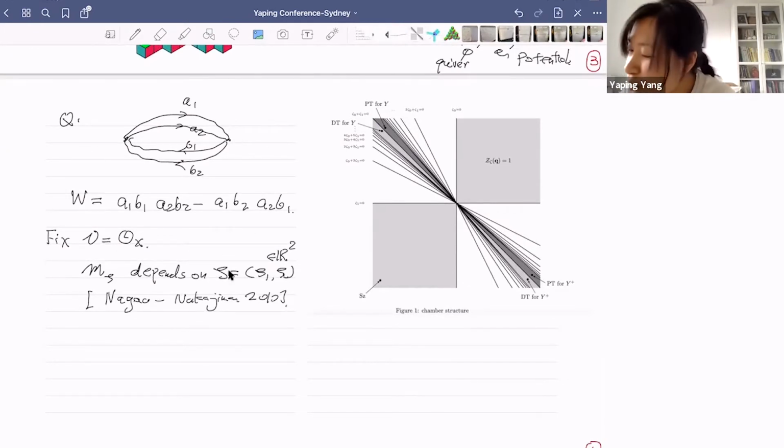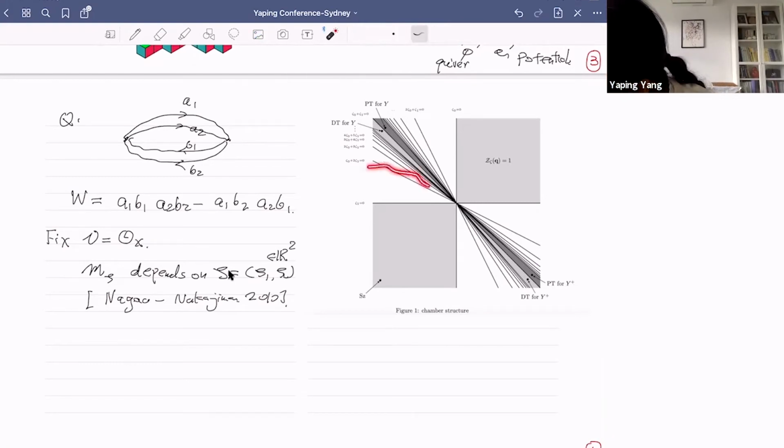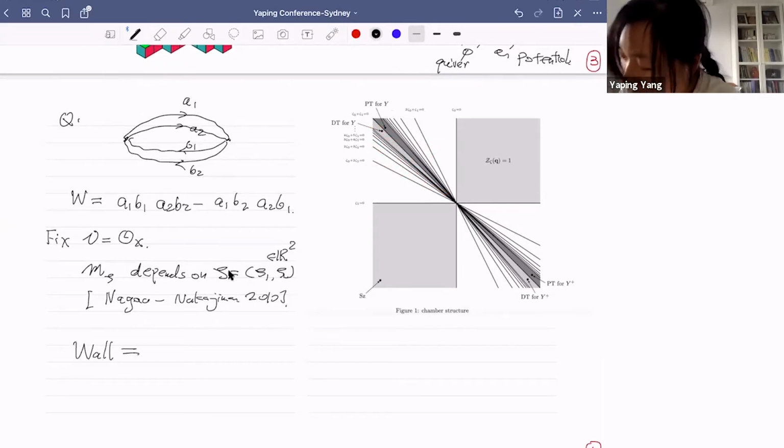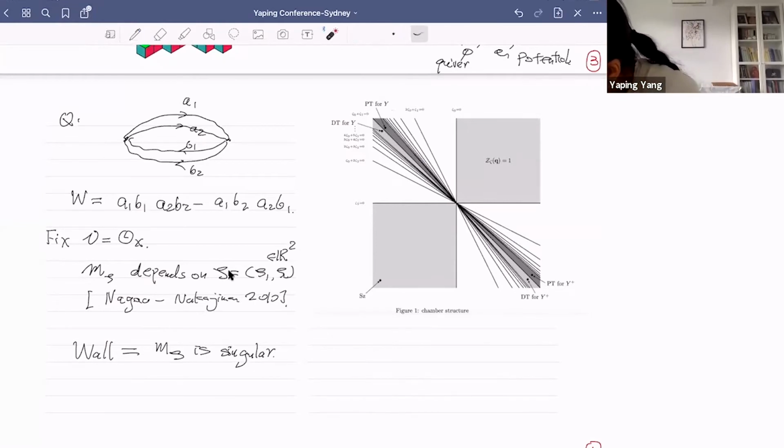And so if you see the walls, there are infinitely many walls. Those walls are the locus where my moduli space is singular. And inside the chambers, those moduli spaces are smooth, so the semi-stable points and the stable points coincide.